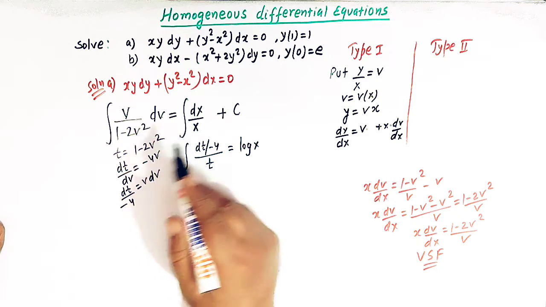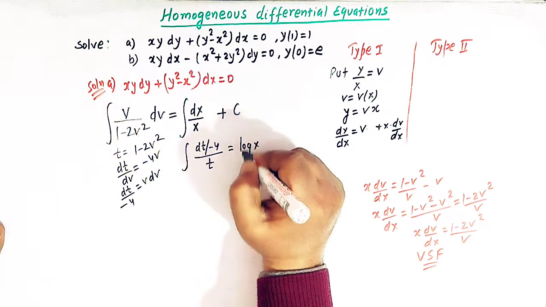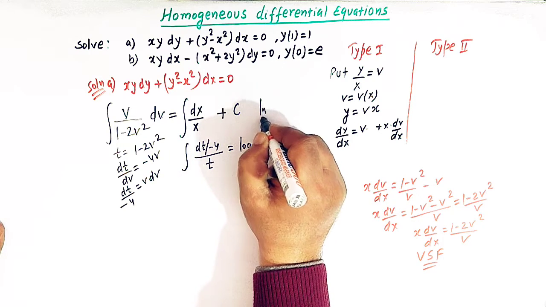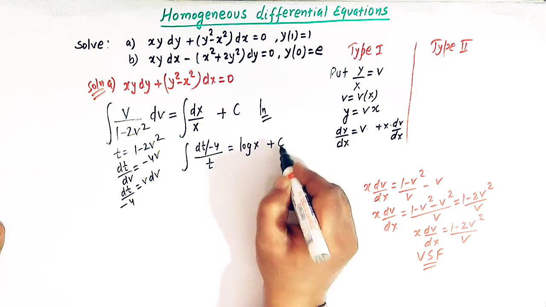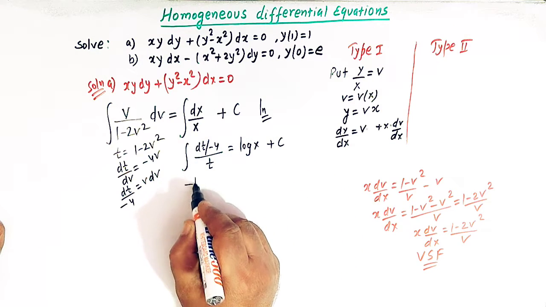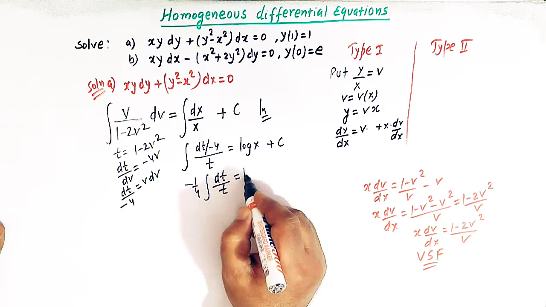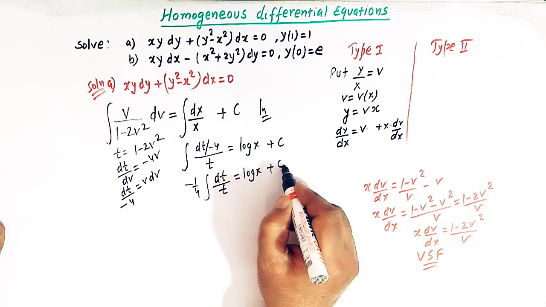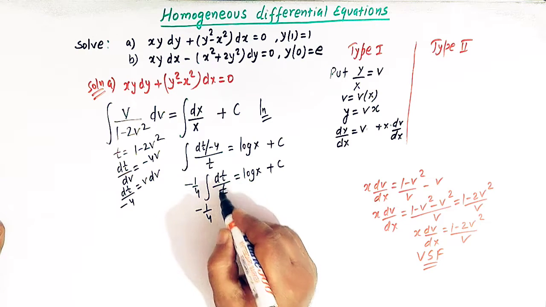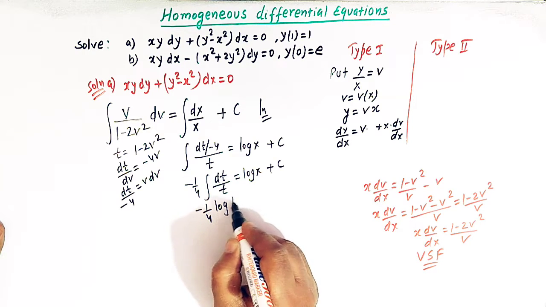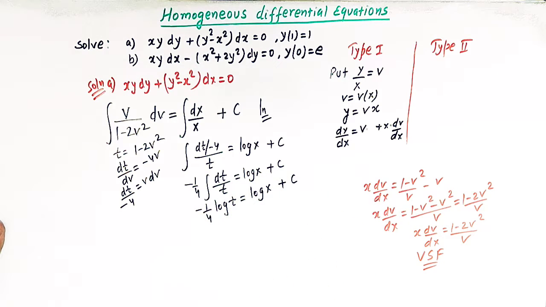So here we will prefer the notation log in place of ln, right? So we can also write it here ln x. So here we have c, and now we have minus 1 over 4 integral dt over t, and this is log x plus c. So this is minus 1 over 4 integral 1 over t dt is simply log of t. This is log of x plus c, right?